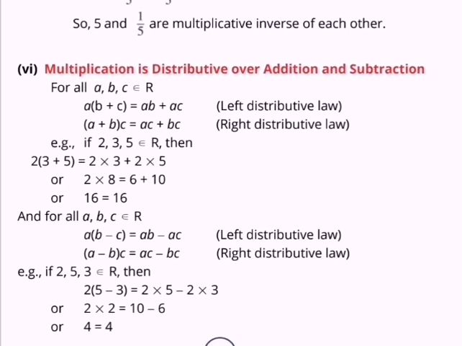Multiplication is distributive over addition or subtraction. For three real numbers A, B, C belonging to real numbers, A into (B plus C) must be equal to AB plus AC, or in case of subtraction, A into (B minus C) must be equal to AB minus AC.